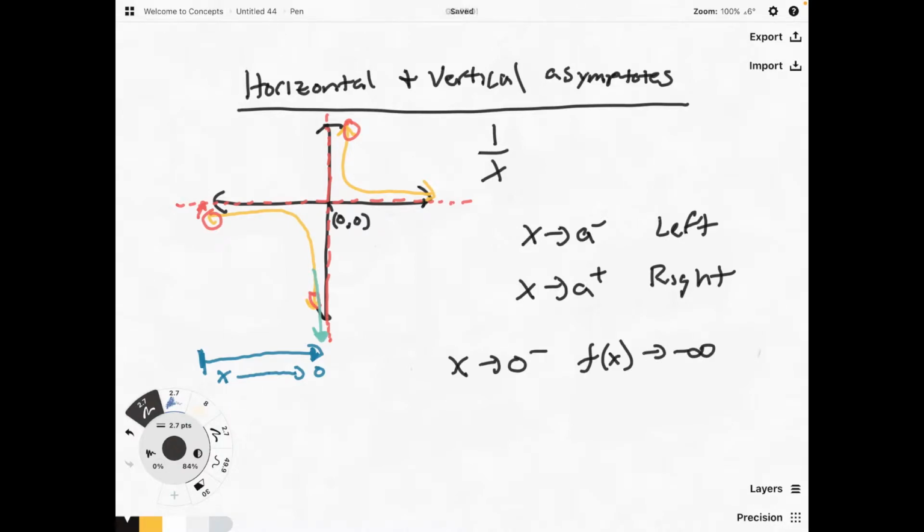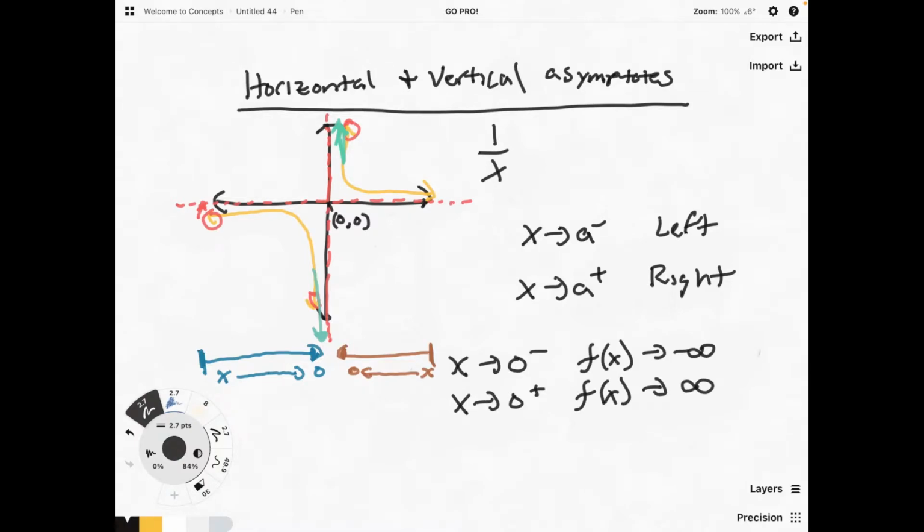Similarly, if the question asks if x approaches 0 from the right, then we're going from the right to 0. And as x approaches 0, this value of y, or f of x, actually goes to infinity.